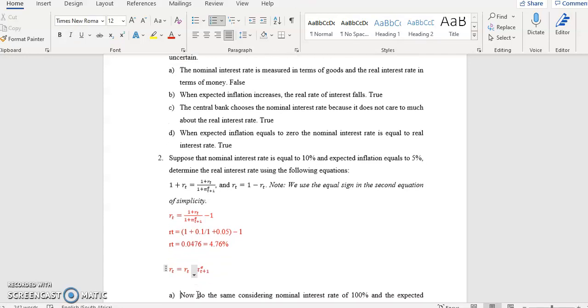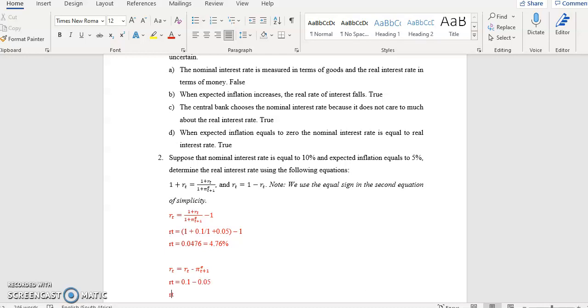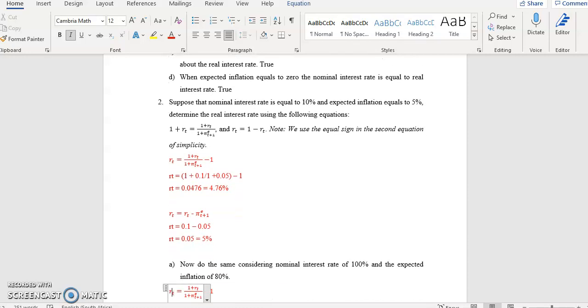Using the second equation, we do the same. We just substitute our figures. We have the nominal interest rate of 10%, and then we minus the expected inflation of 5%. This gives us 0.05, that is 5%. So from the second equation, our real interest rate is 5%.